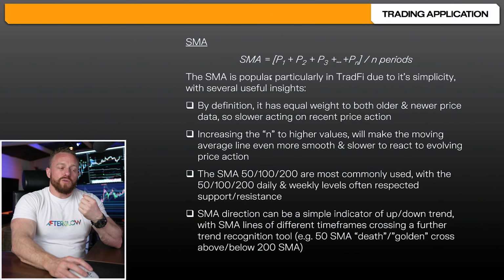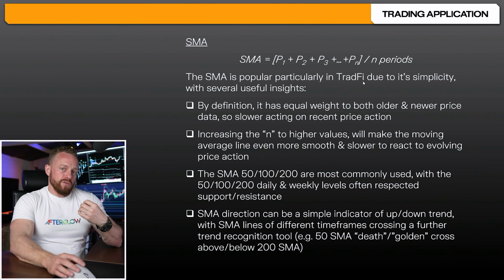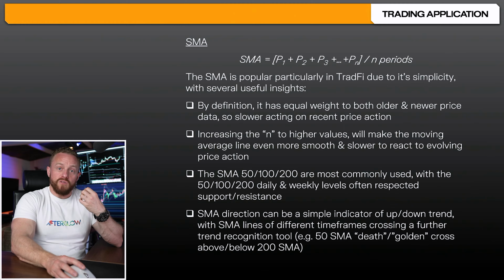As we saw in the formula, by definition, it gives an equal weight to both the older prices and the newer prices, since essentially it has a weighting of 1 on every single price point. So that's the reason why the SMA is the slowest to respond to recent price action.